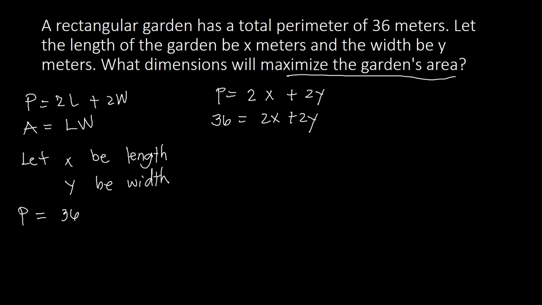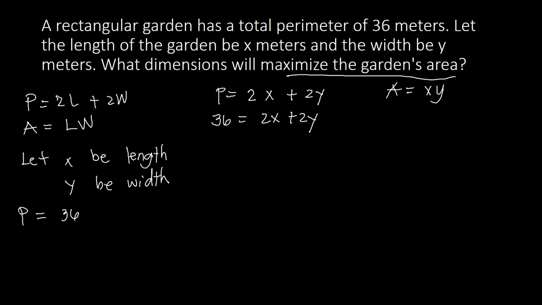Since we know that the area is equal to x times y, we will be solving first for y in terms of x and then replacing that afterwards in our area that we want to maximize, so that we are only left with an x.